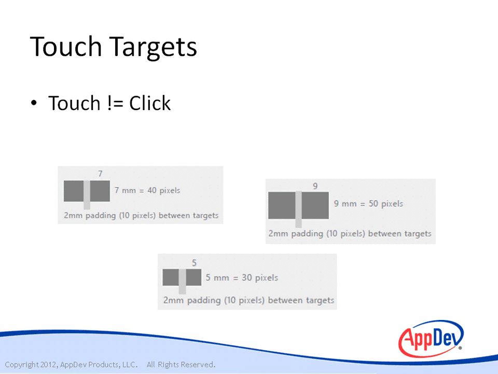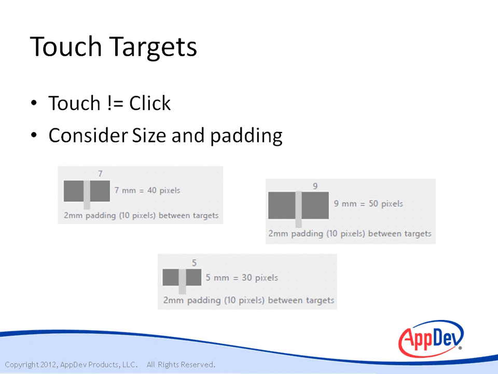But when you're looking at touch surfaces, it's a good idea to stick to about 40 pixels or 7 millimeters as the smallest, ideally 50 pixels or 9 millimeters with a little bit of padding is best.